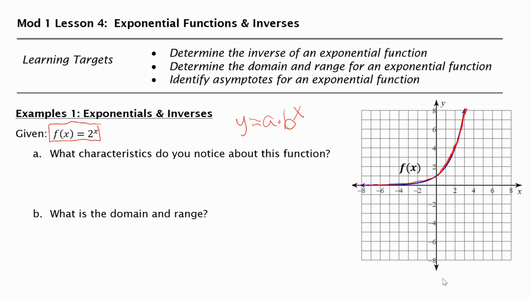You can see that it never actually goes below y equals 0. Right? So in this case, when you go to the left, it keeps getting cut in half, but never actually gets to a negative number. So it does have what we call a horizontal asymptote.